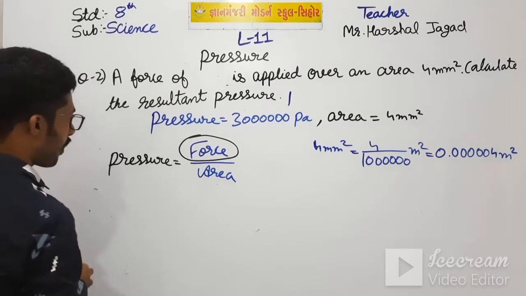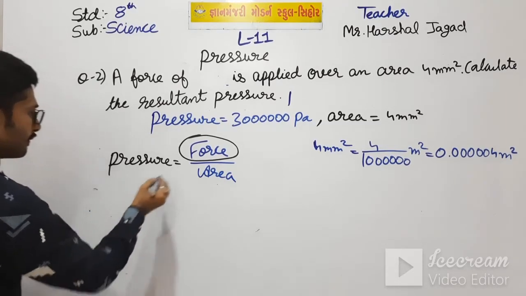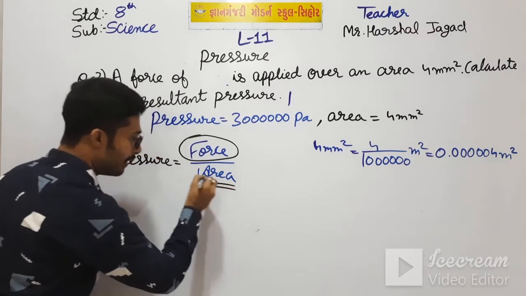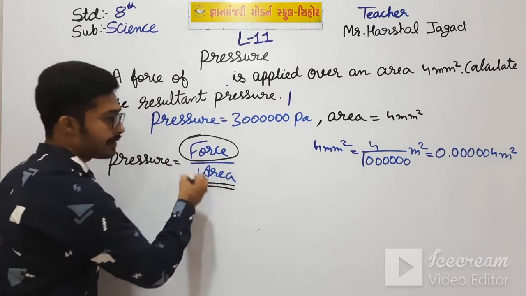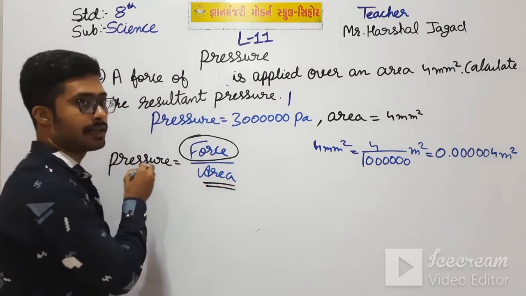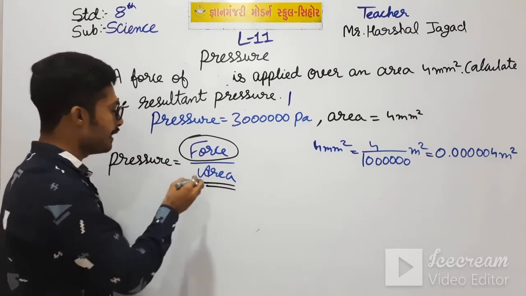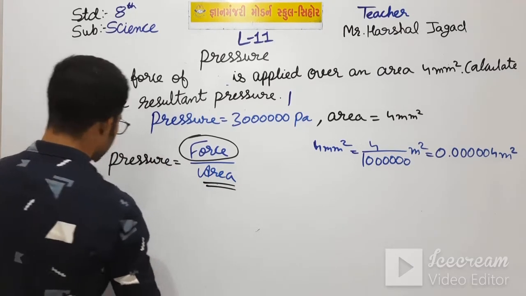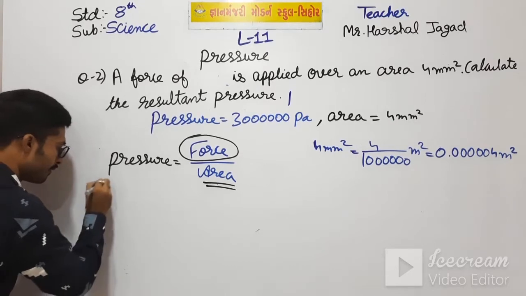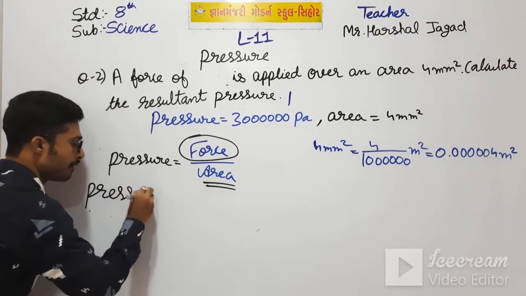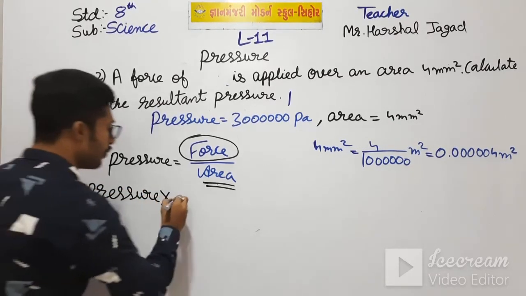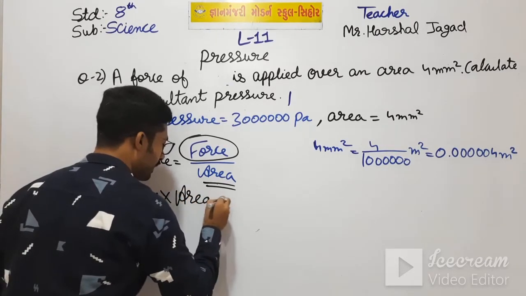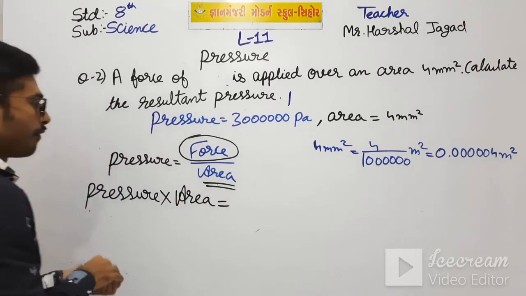Then here what will be there? The area will come this side, so it is in division. So if it comes this side, then it will be in multiplication. So here pressure into area is equal to force.